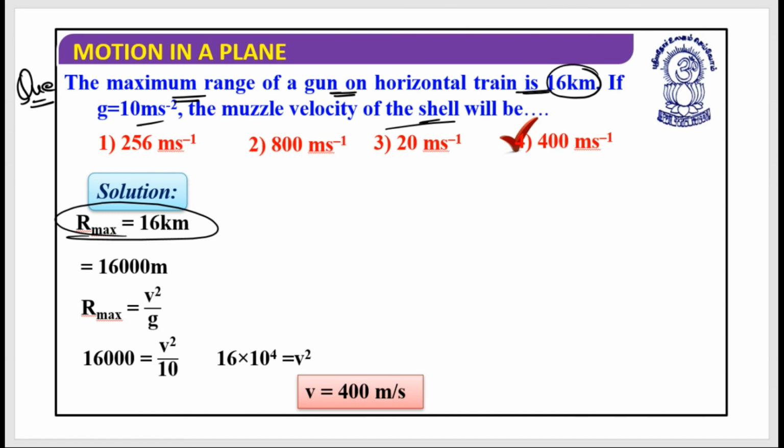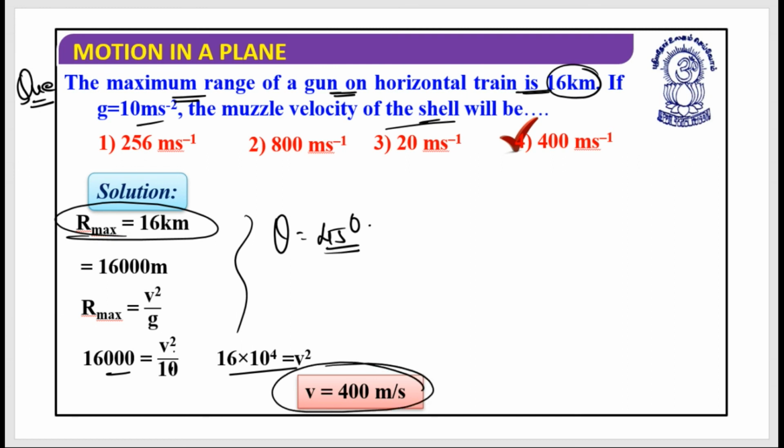Or you can say that maximum is said, so theta is equal to 45 degree. So R max is given as v square by g, which is equal to 16,000, equal to v square by 10. So v square is equal to 16 into 10 to the power 4, and v, the muzzle velocity, which is required, is 400 meter per second. So you can do it very easily.